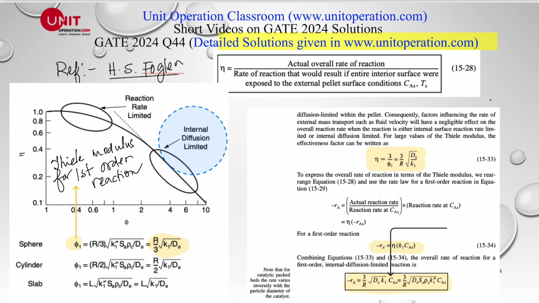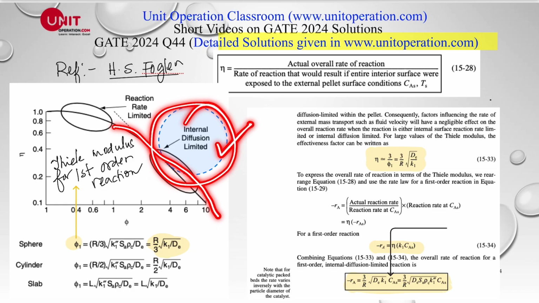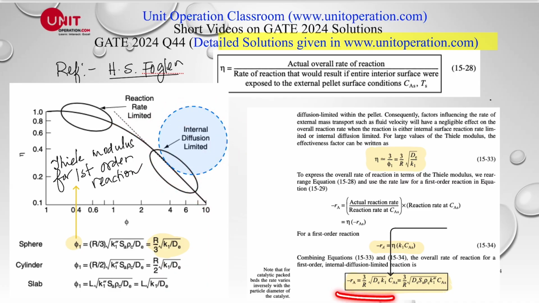So this is my internal diffusion limited regime, and the problem is referring to this particular regime right here. Under this situation, the rate of reaction is the same as we discussed in the previous slide. So it's pretty much the same equation whether you go by Levenspiel or by Fogler. So that pretty much ends the discussion on this particular problem.